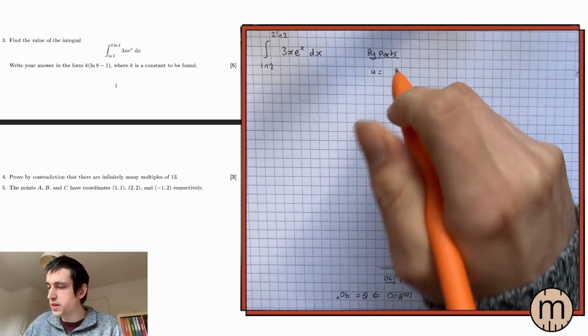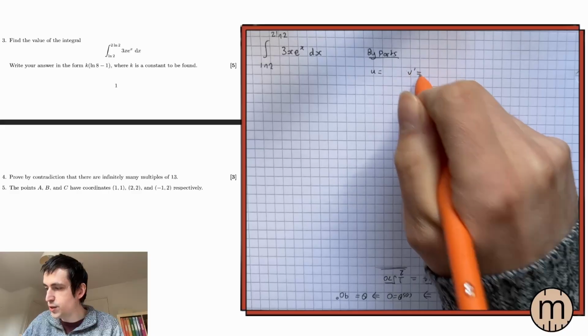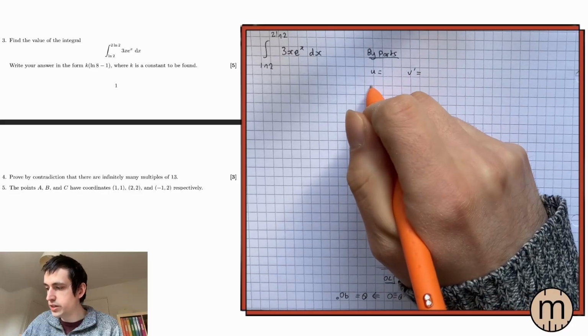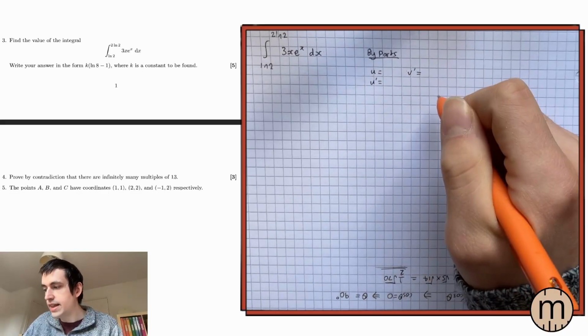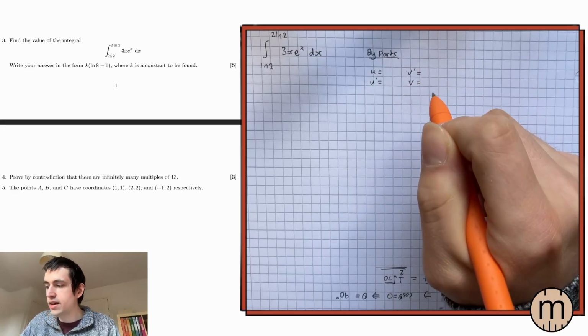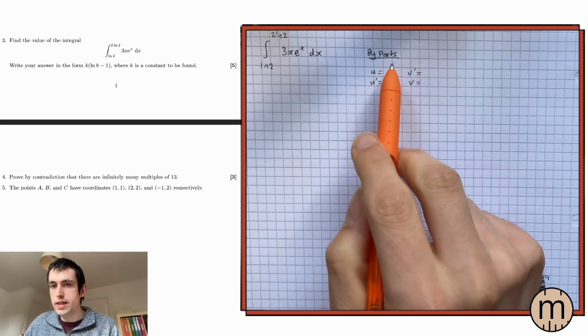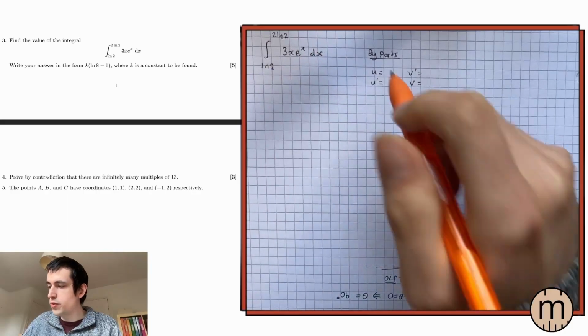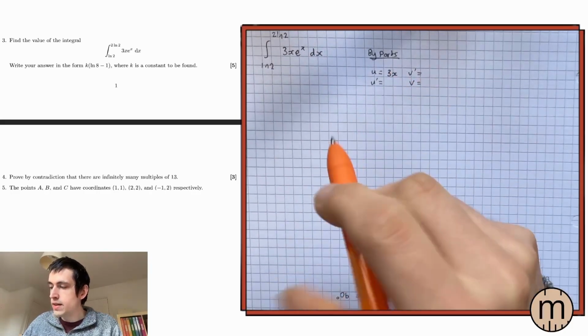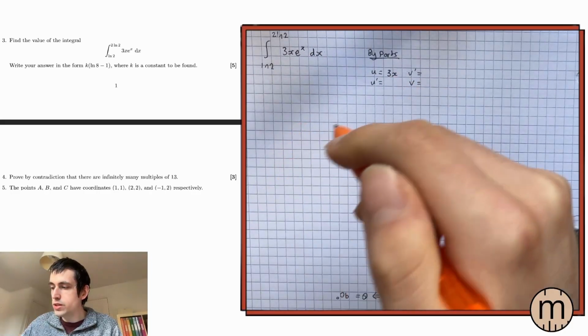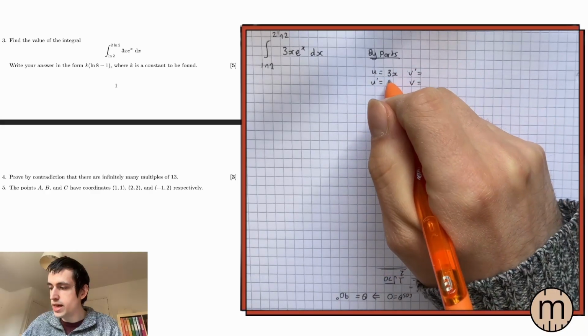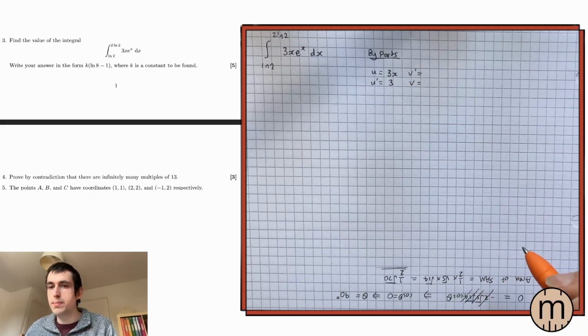And what we need to do is be able to assign the value of u and v dash, and then therefore find u dash and v, and then follow the formula to finish it off. In this case, u will be 3x. That's because if we wanted to differentiate 3x, we'd get to 3, and that makes it simpler.